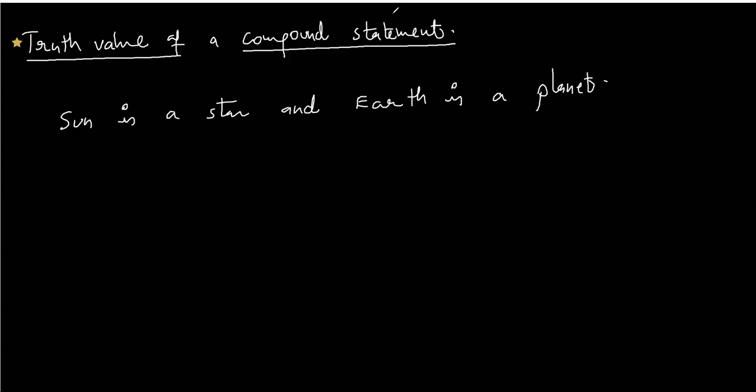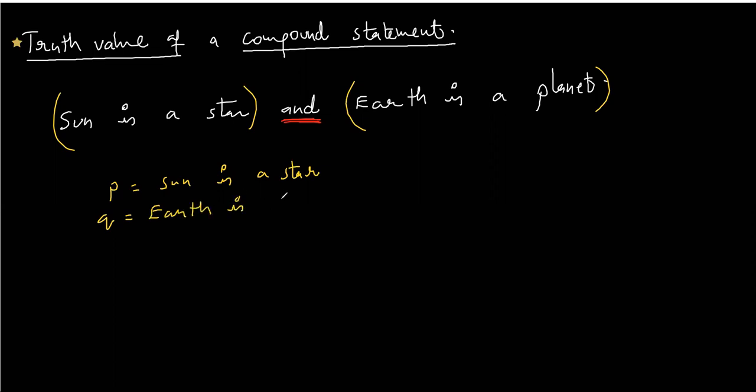Using this and connective, I'm making the compound statement from these two atomic statements. Let me have this as P, sun is a star, and let me have this as Q, earth is a planet.